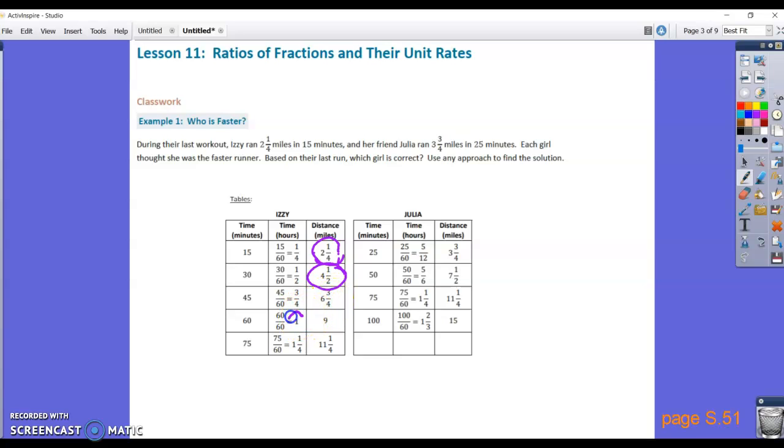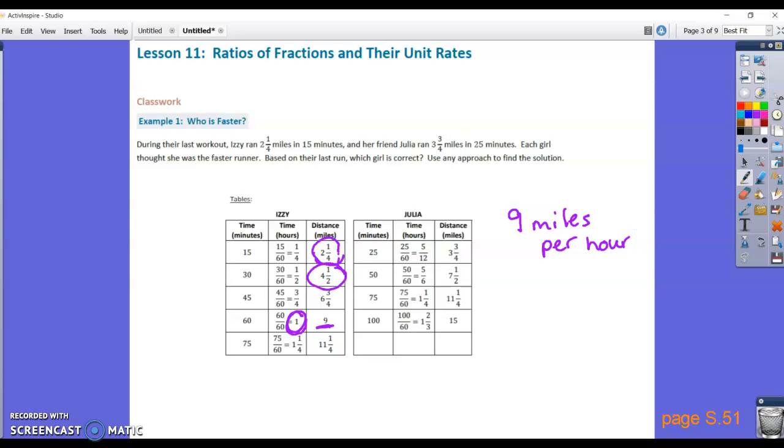So for 1 hour, she is able to go 9 miles, which makes more sense than saying 3/20ths of a mile. That's only part of a mile. So we also could have had 9 miles per hour, and they had the same speed.